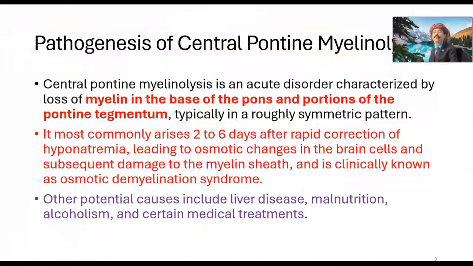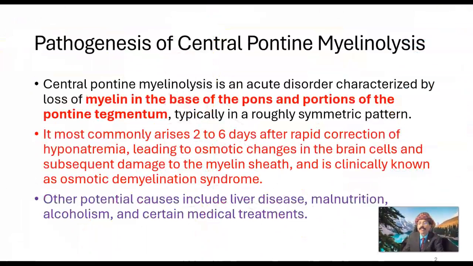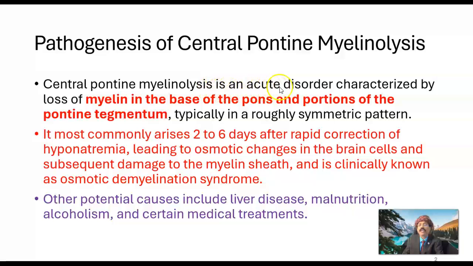What is the pathogenesis? Why does this happen? Central pontine myelinolysis is an acute disorder characterized by loss of myelin in the base of the pons and portion of the pontine tegmentum.